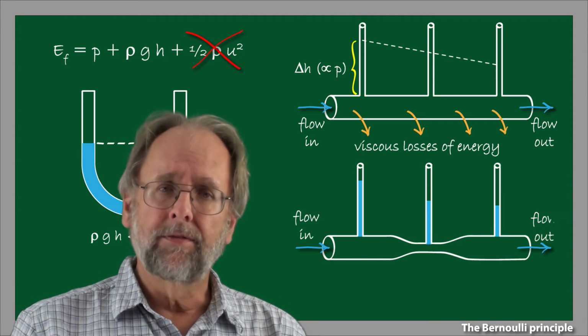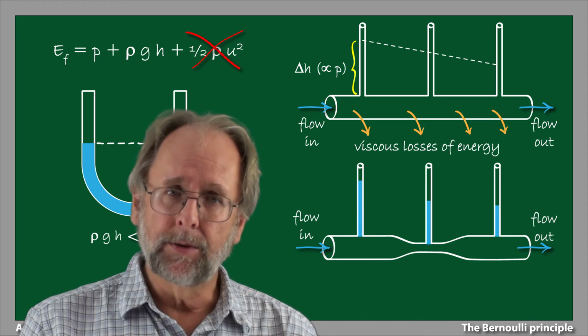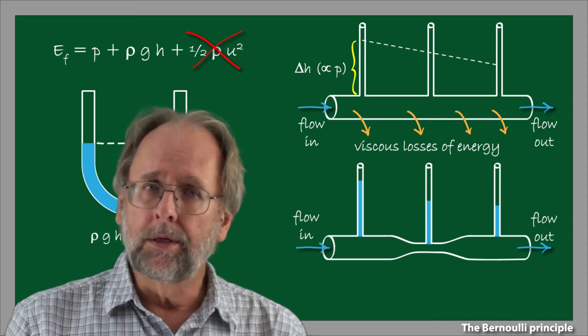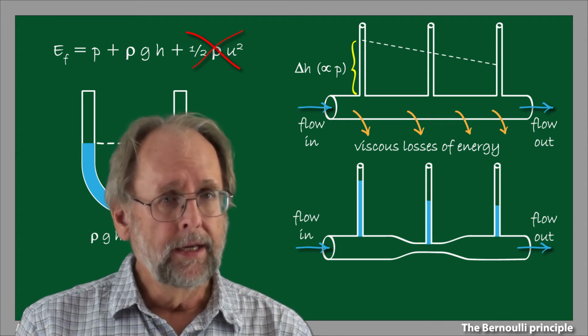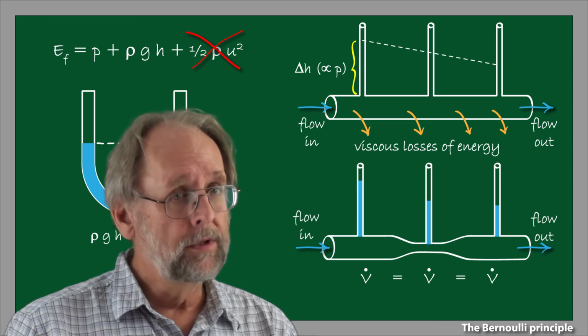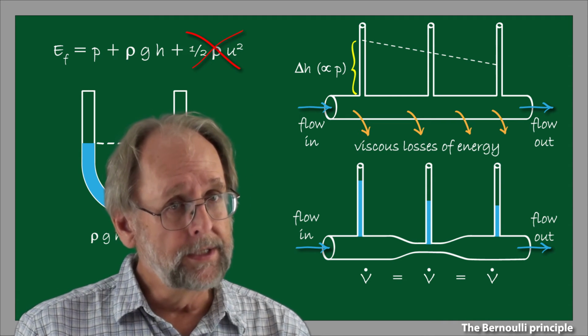But what happens if the pipe diameter changes? This is where things get interesting. We know also from the principle of continuity that the volume flow rate through the narrow bit has to be equal to the volume flow rate through the wider bits.